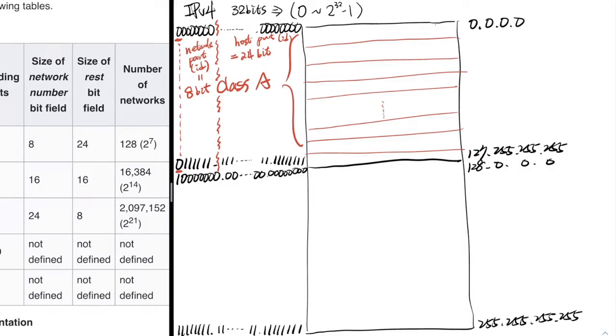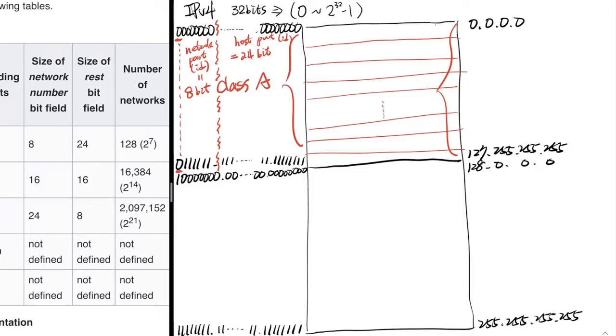But how many subnets can there be? It is defined by how many different network parts, how many different unique network IDs, there are in class A. We can see that it is 8 bits long, right? So theoretically, it should be 2 power 8. But think about one thing.